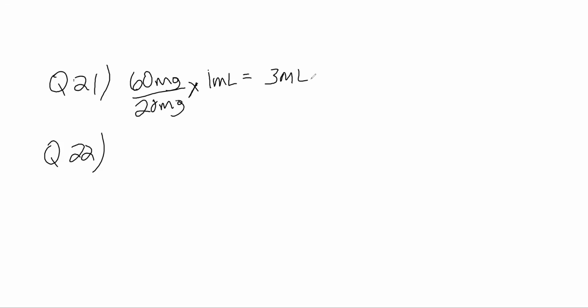Now, in question 22, you'll actually see this on the vial, or at least the medication itself on the label, where it says milliliters diluent added. For math, we don't care about that.